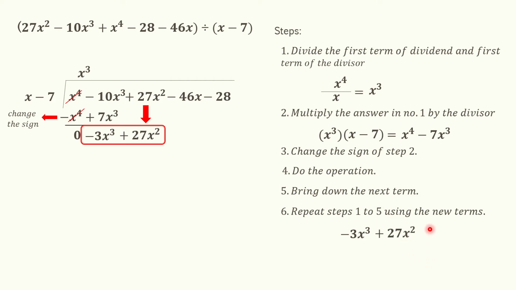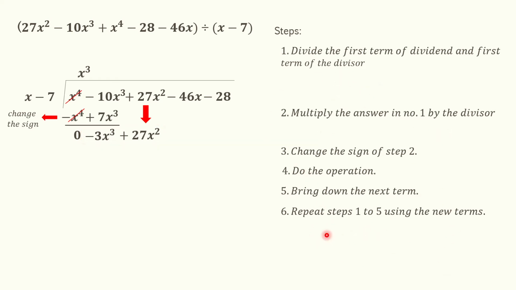So with this, we go back to step number 1. Step 1 says to divide the first term of the dividend by the first term of the divisor. This time we take the first term from our new dividend, which is negative 3x cubed. And our divisor did not change; this is still the first term, x. So negative 3x cubed divided by x equals negative 3x squared.